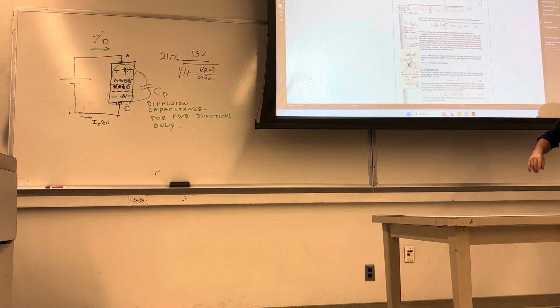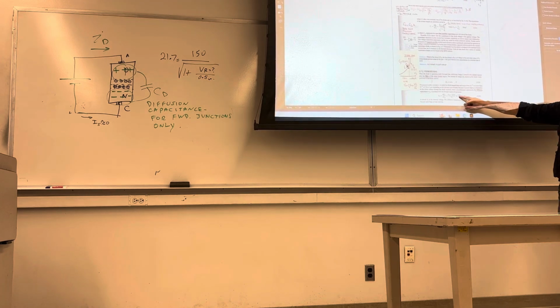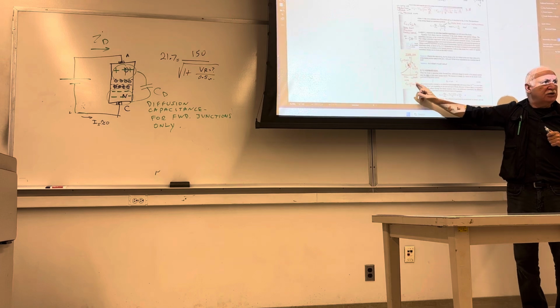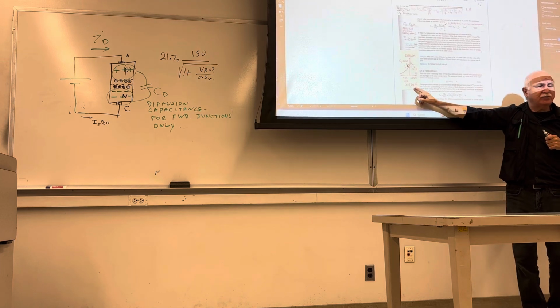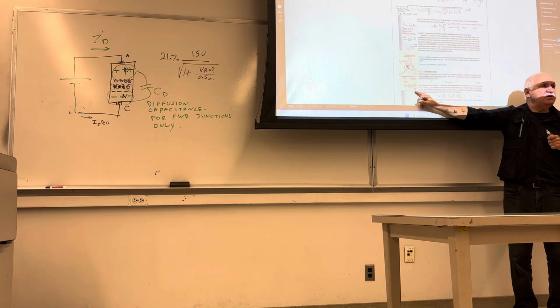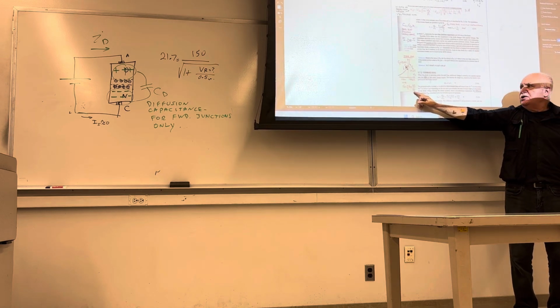And bear in mind, what was the relationship between ID of a diode and the voltage of a diode? Do you remember that exponential relationship? ID is IS, exponent VD over VT, the exponential relationship.